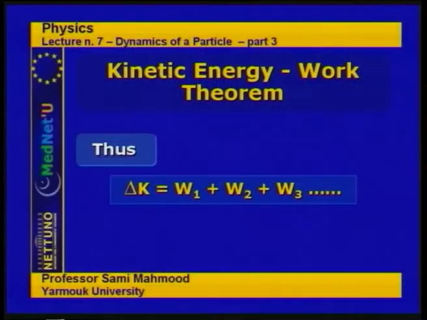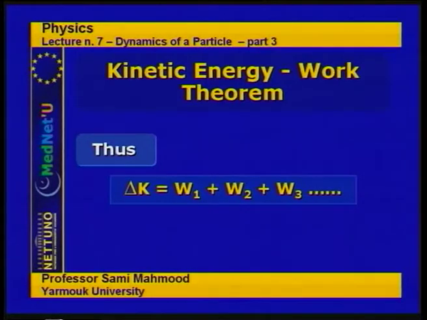Now, if the force applied is not a single force, but rather a collection of forces, then the work done by the collection of forces, F1, F2, F3, is simply the sum of the works done by all the forces. So the total work done by all the forces is W1 plus W2 plus W3.